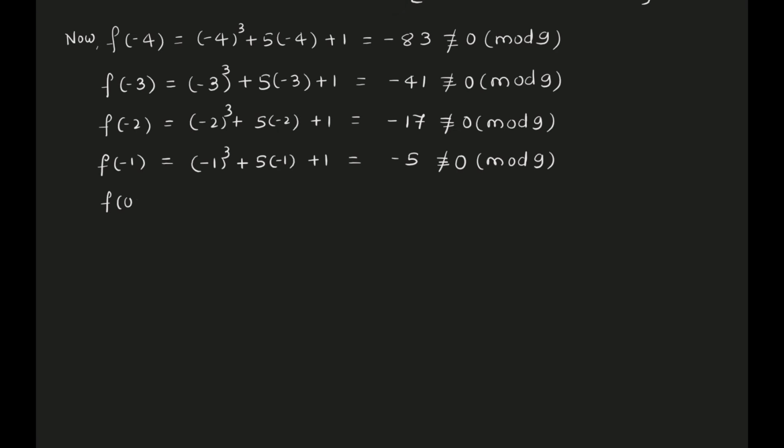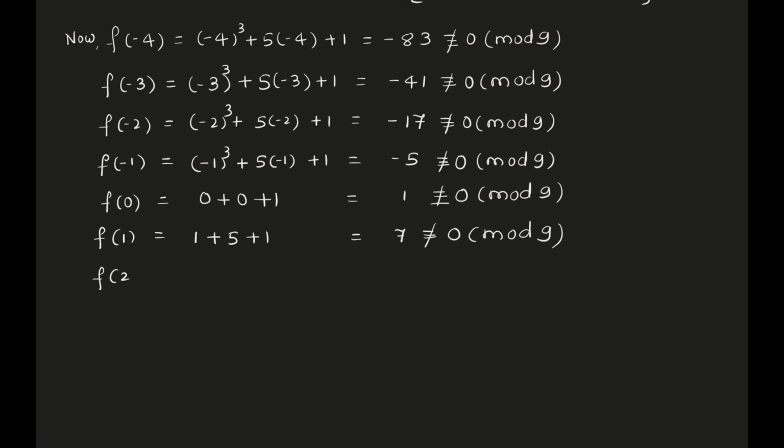Next put 0. For 0 it is 1, which is not congruent to 0 mod 9. When you put 1, it is 7, which is not congruent to 0 mod 9. For 2, you get 19, which is not congruent to 0 mod 9.